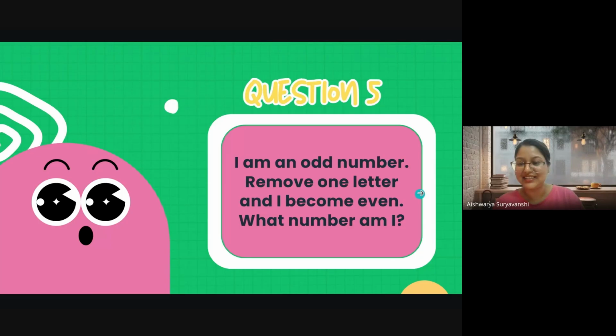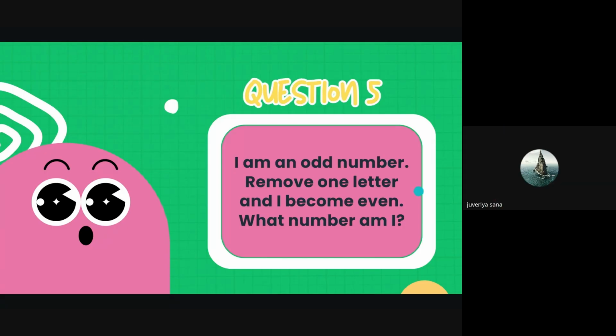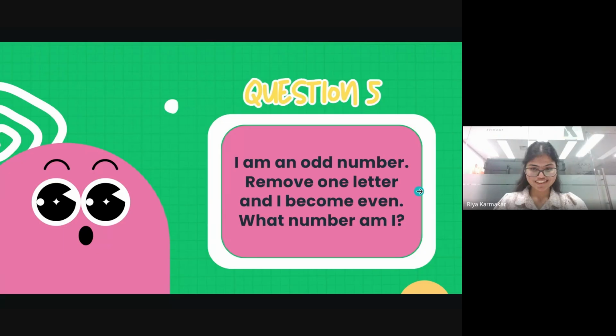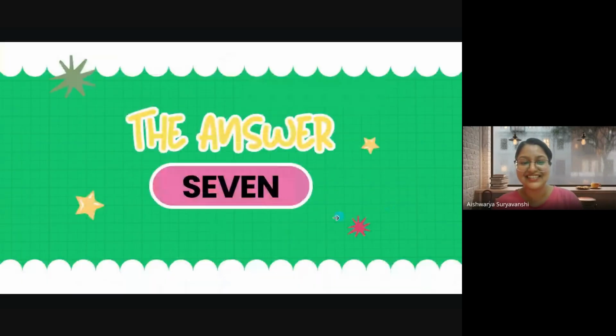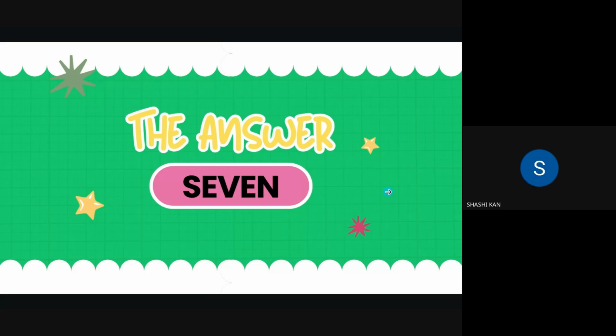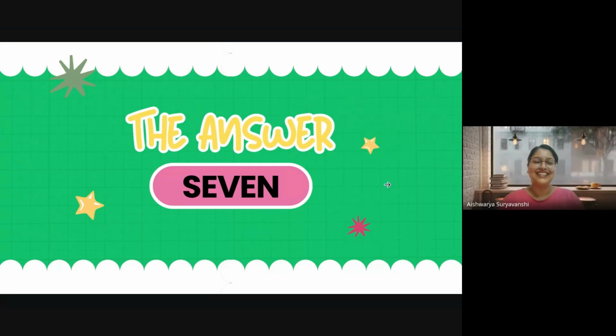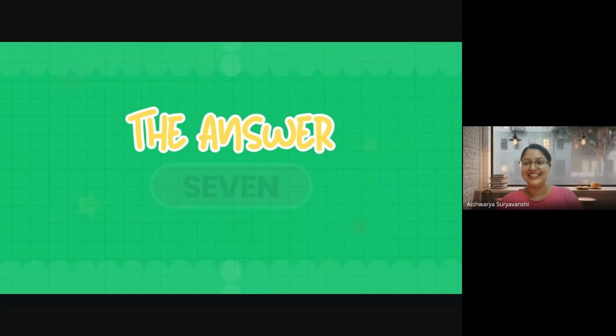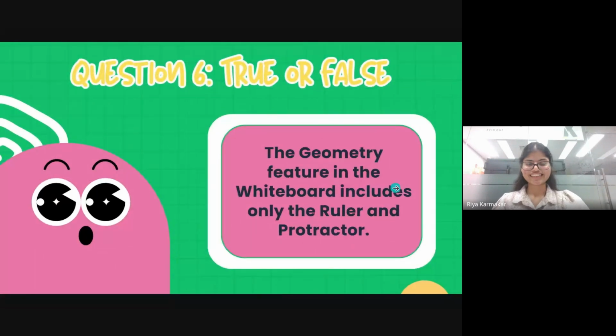Some of them are saying 0. So we have two different options now, 0 and 7. Then both are correct, ma'am. Okay, I'll reveal the answer. Yes, the correct answer is 7.